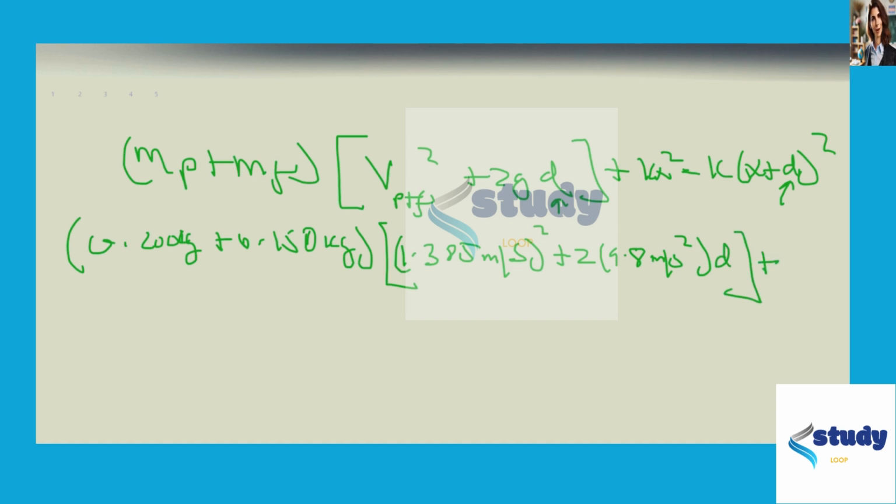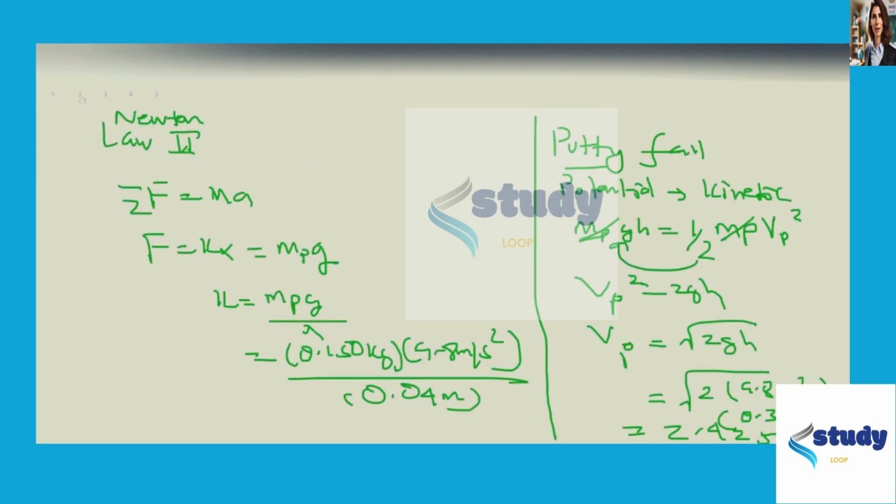If we go back to the beginning, our spring constant, oh, we forgot about that. We plug in the numbers, it is 36.75 Newton per meter, like that.